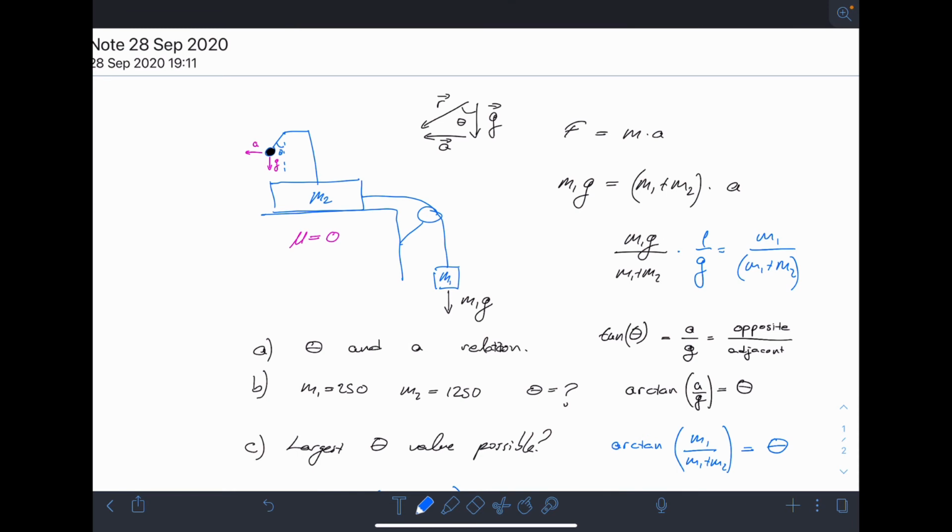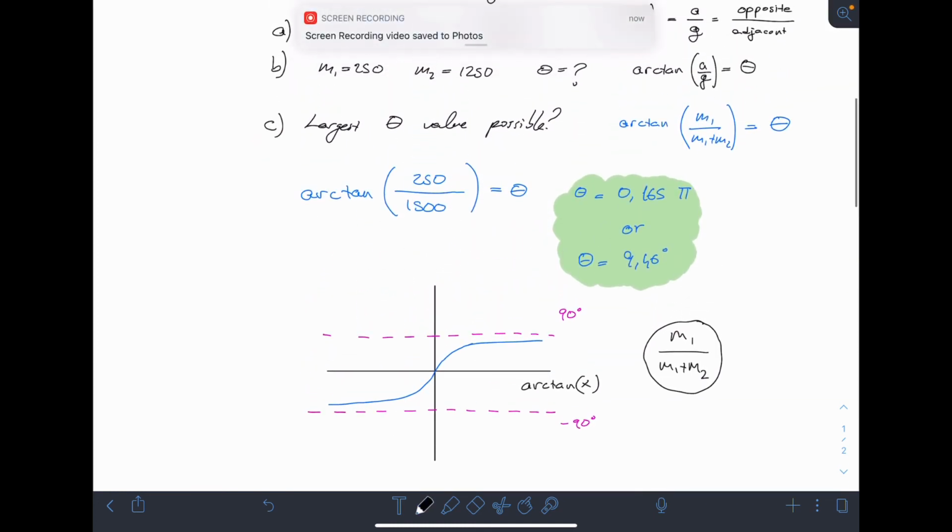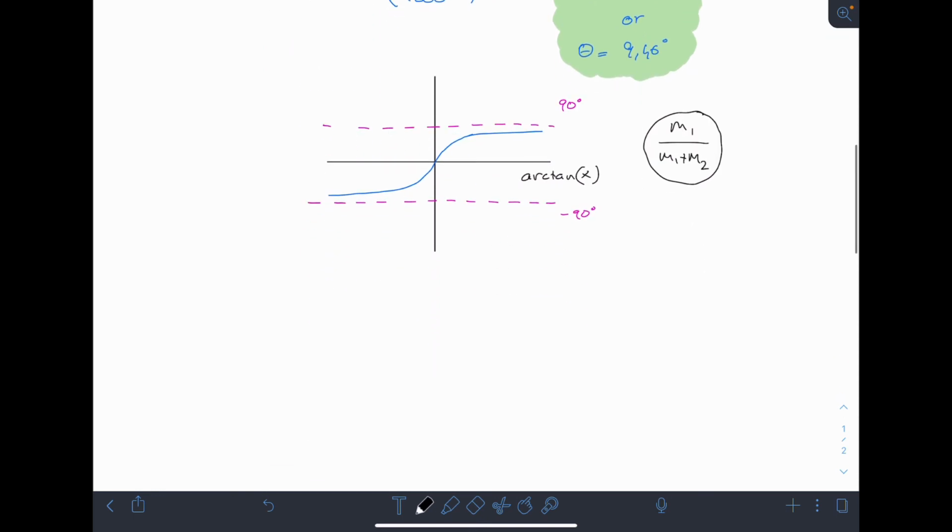The stronger the first mass pulls, the higher the angle we are going to get for theta. Here we have the graph of arctan x. And what we call x is actually m1 divided by m1 plus m2.